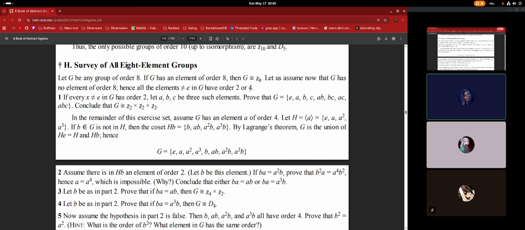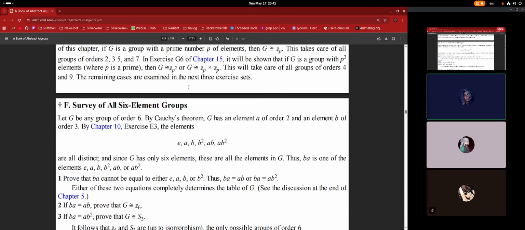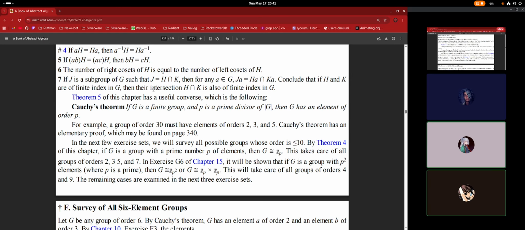But this is a little bit annoying to me because 8 is not a prime. We can only talk about primes in terms of the order of the elements because that's what Cauchy's theorem states.